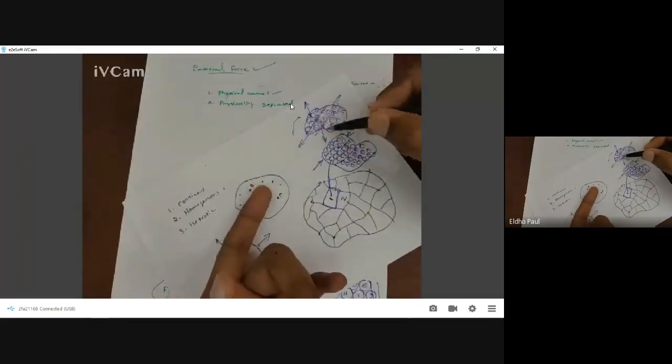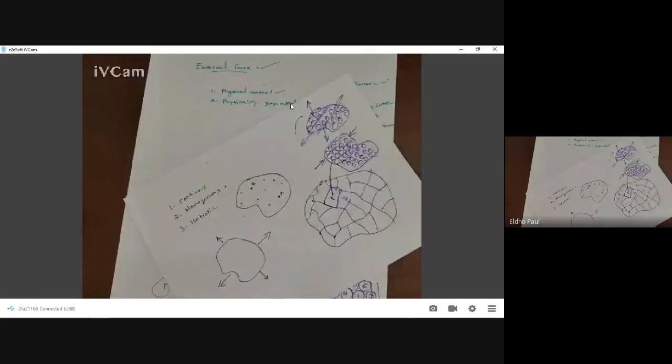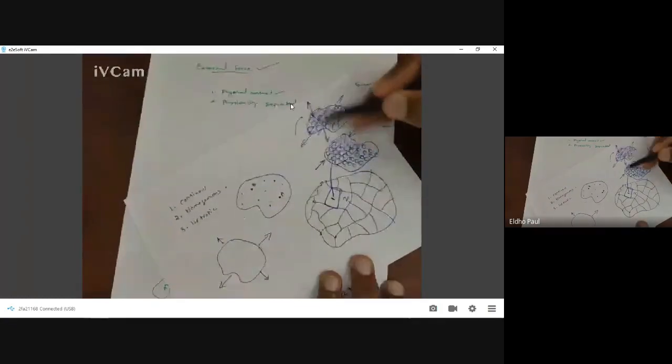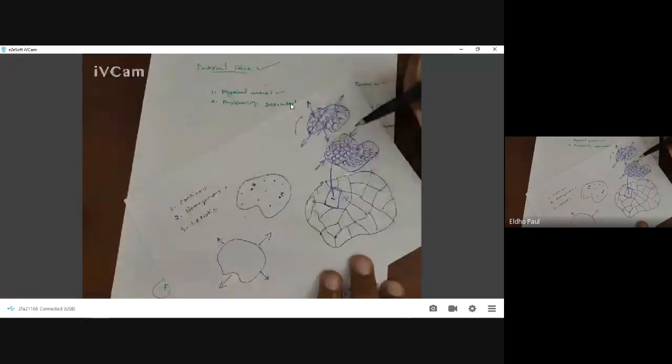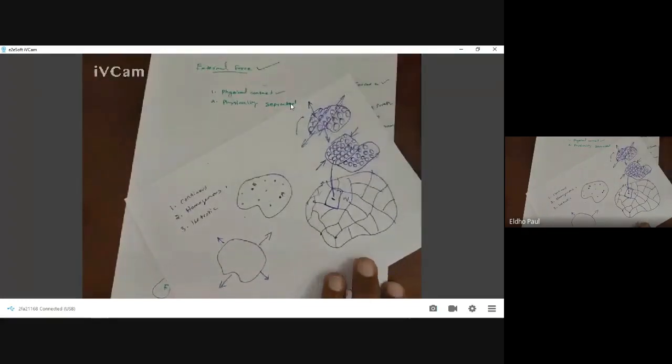So the strength of the material is higher in this direction. So single crystalline materials are anisotropic in nature because in different directions its properties are different.